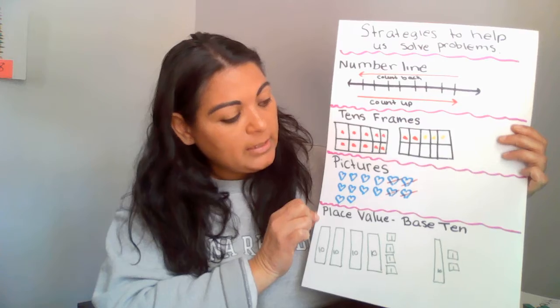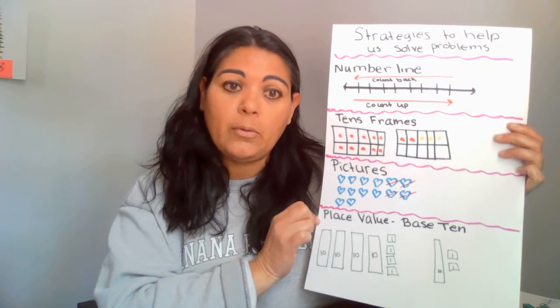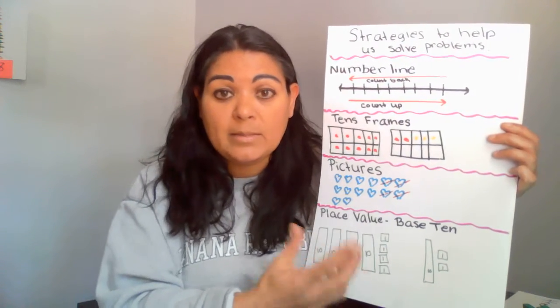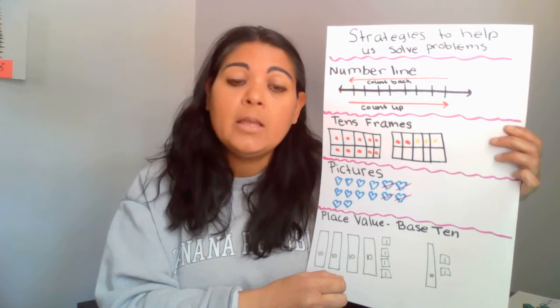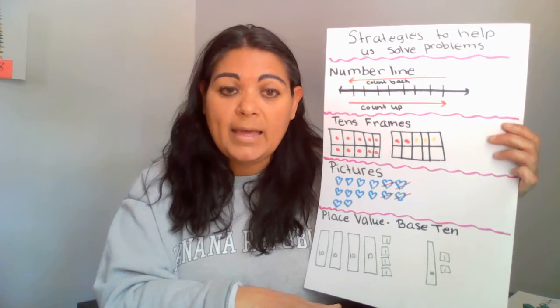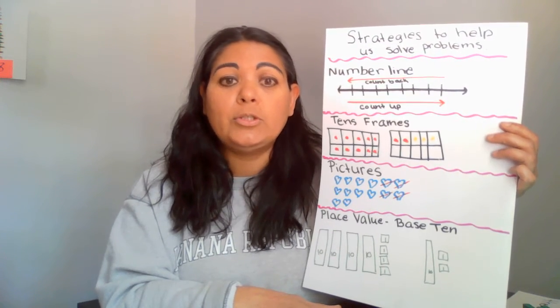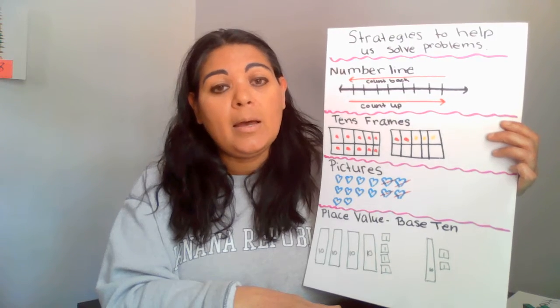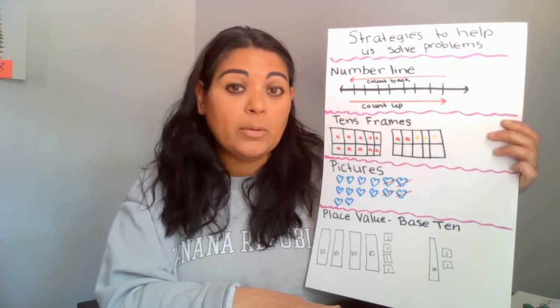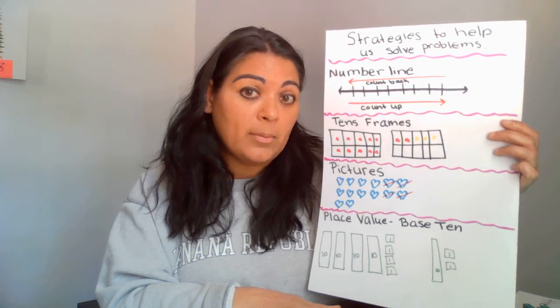And then last but not least, we have the place value, or we showed that in models of base 10. Since we just left that in Unit 1, we're going to use addition using our base 10 to solve our problems this week, okay? So let's get started, first grade.